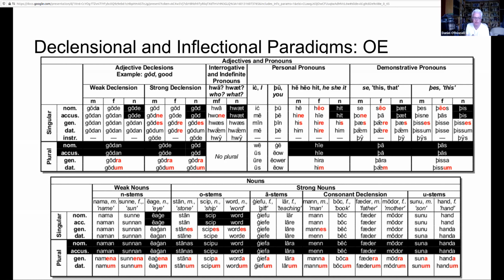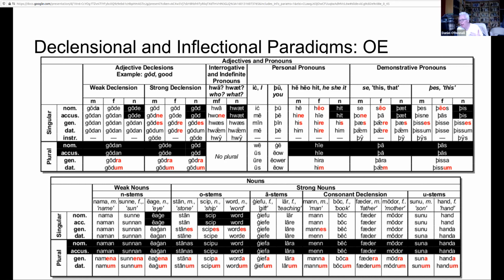But in Old English, if somebody says to you in a sentence in the singular, "sēo ġiefu," you know it's feminine because of the "sēo" and because of the "u" ending. It could only be a couple of other things. It could be a masculine u-stem or a neuter plural. But you can tell from the endings in context whether something is feminine or neuter.